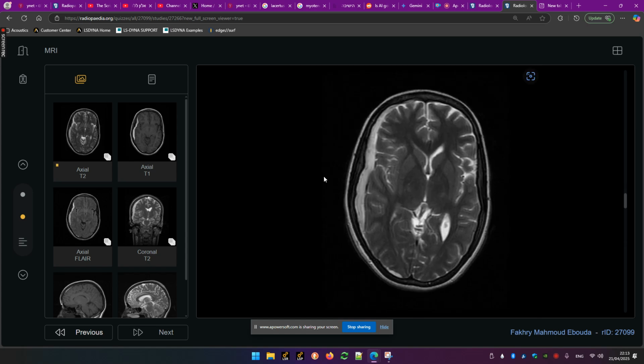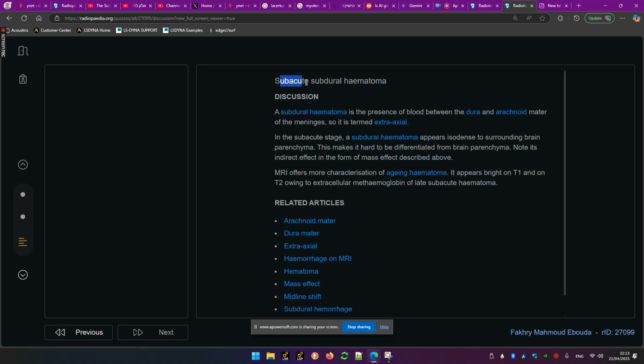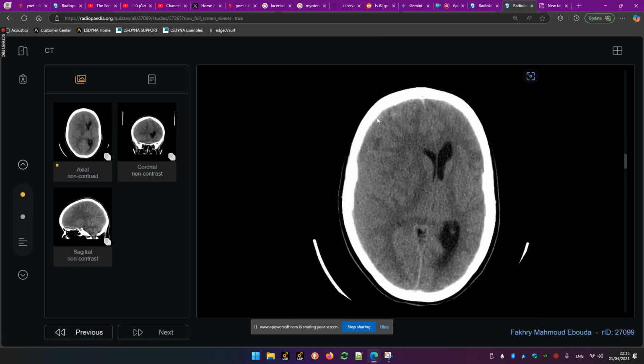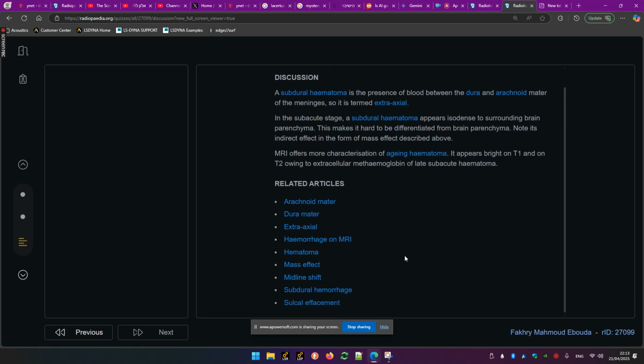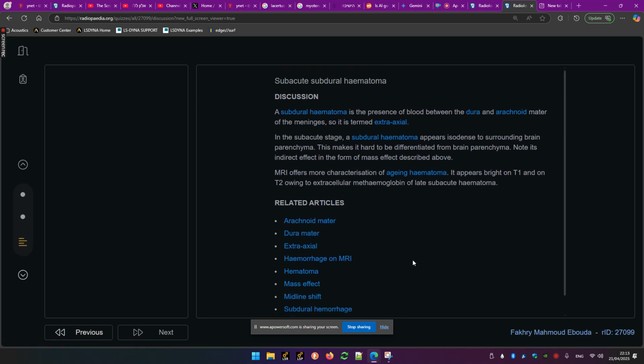Okay, subacute subdural hematoma. Yeah, it was a subdural and it was subacute. This is the reason why on CT we saw an isodense lesion with deviation of the midline, which said that this is quite terrible. Probably this patient got a burr hole with reversing of the anticoagulation.